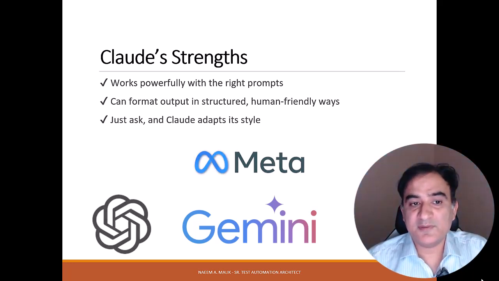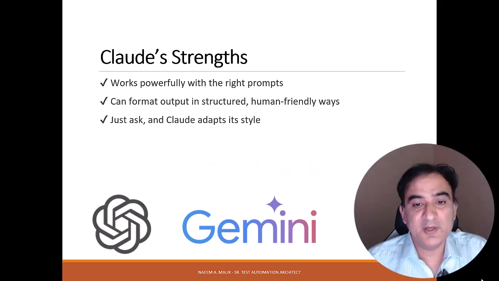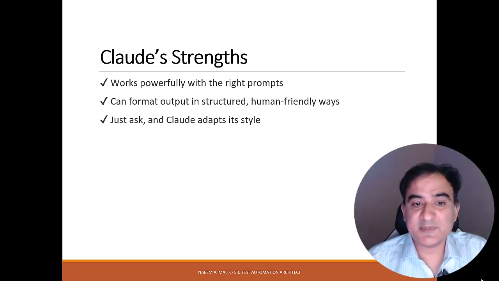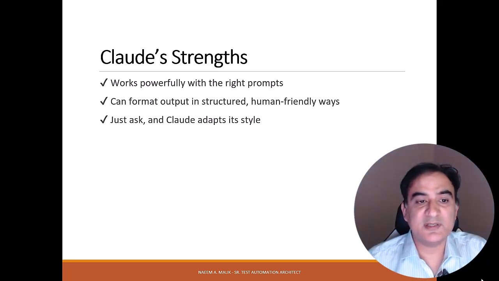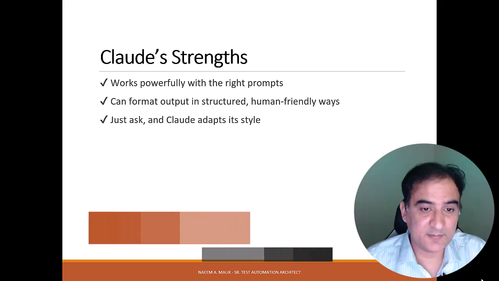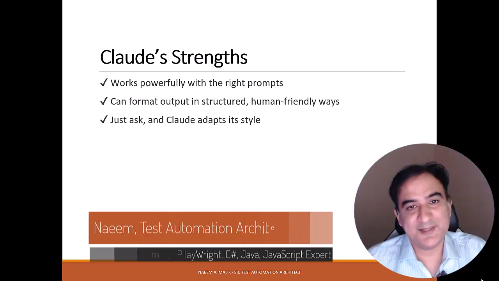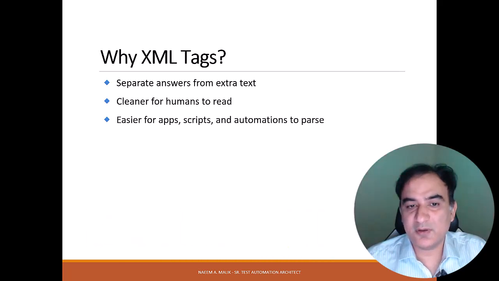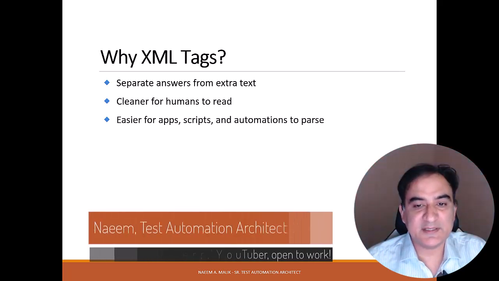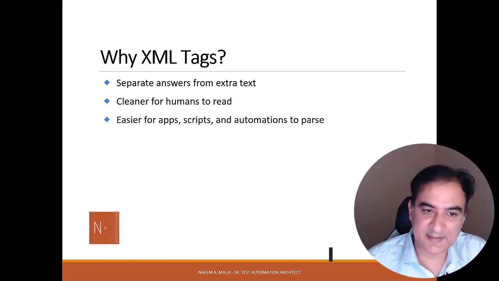By now, you have seen how powerful Claude or ChatGPT can be when you guide them with the right prompts. But did you know that LLMs can also format their output in structured yet human-friendly ways? You just have to ask them. In this lesson, we'll explore how to get Claude to clearly separate its answers from any extra text using XML tags.